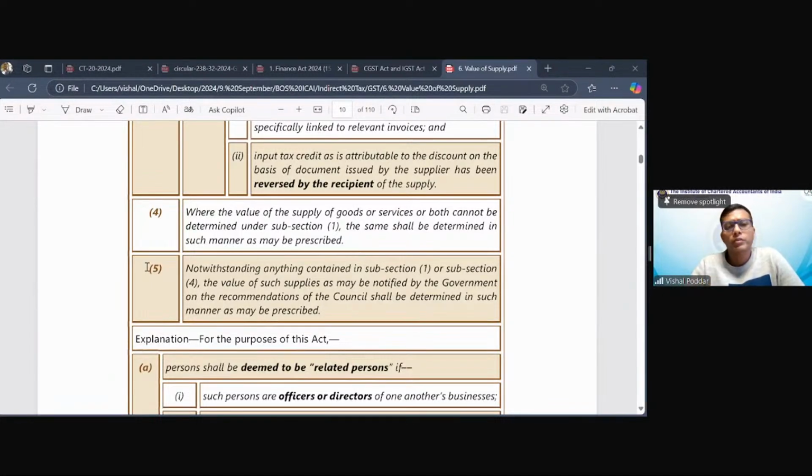So subsection 5 says that notwithstanding anything contained in the other two valuation sections, that is subsection 1 and 4, the value shall be determined as may be notified by the government. That's it. So value will be on the basis of what the government notifies, and that you have to follow. The government will notify, and on that basis, you will have some method prescribed for computing the value.